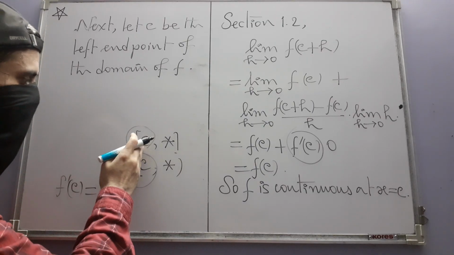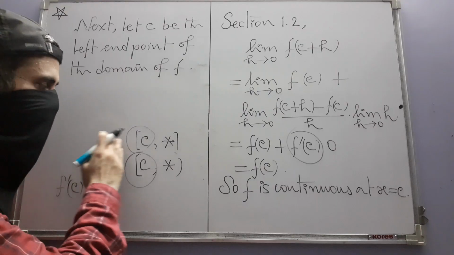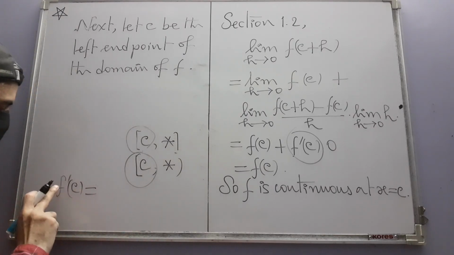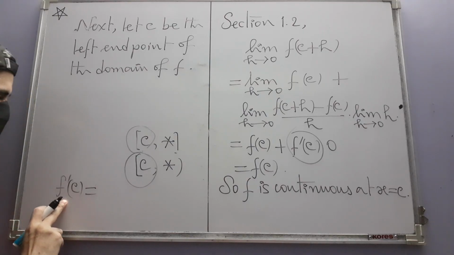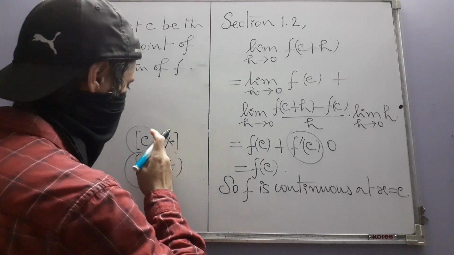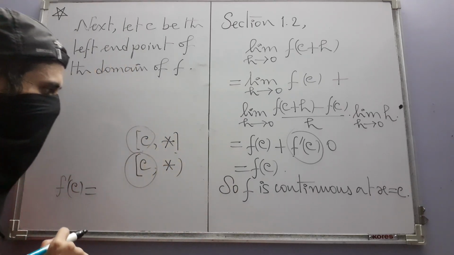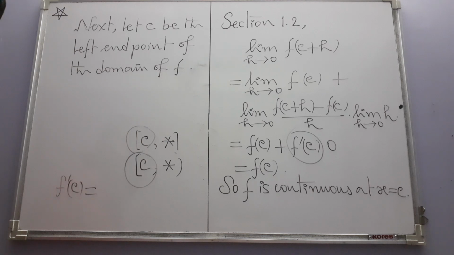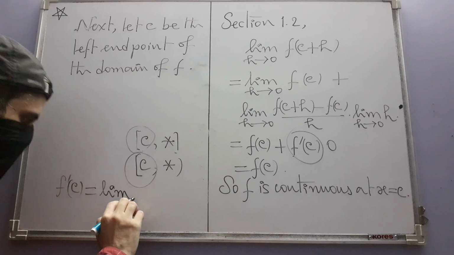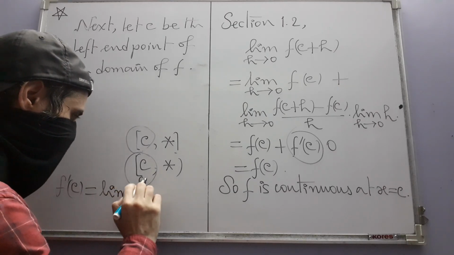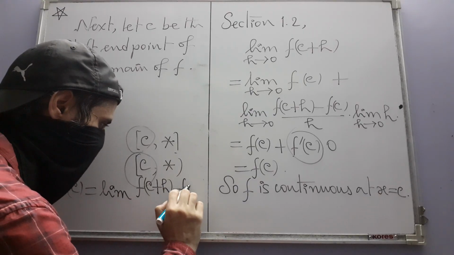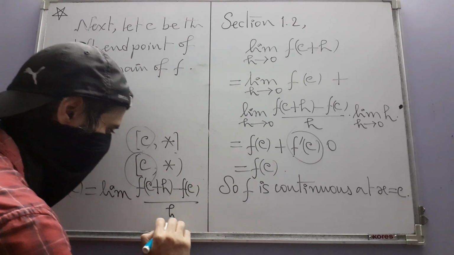You have room to the left of c, but that's no longer a part of the domain of f. So this derivative is a one-sided derivative, a right derivative, because you can only consider points to the right of c even while calculating the derivative. And that's why it is this one-sided limit. The difference quotient, of course, won't change. It's still f of c plus h minus f of c divided by h.